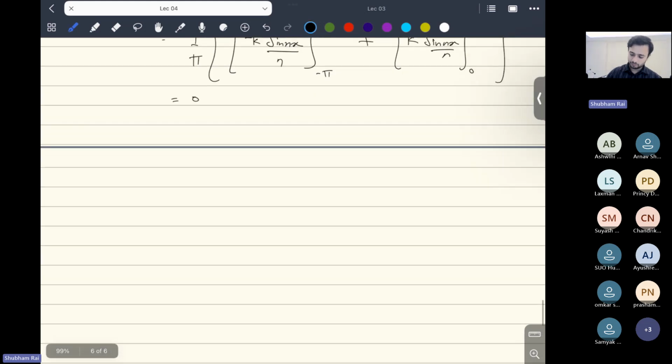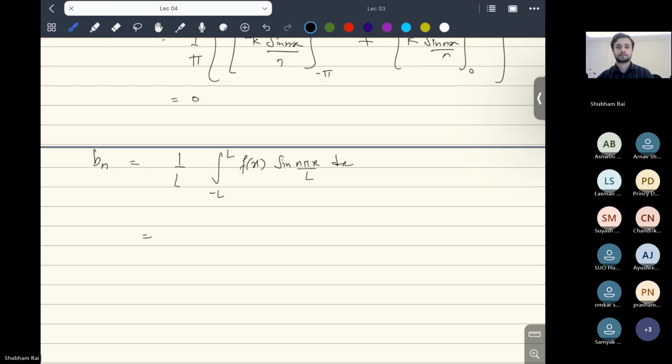Now tell me the value of bn. What will be the value of bn? So bn will be again 1 by L, integral from minus L to L of f of x sine n pi x by L, right? Yes. Can someone tell me what is bn?